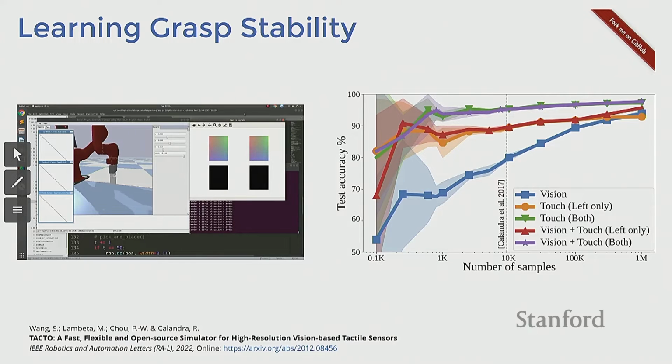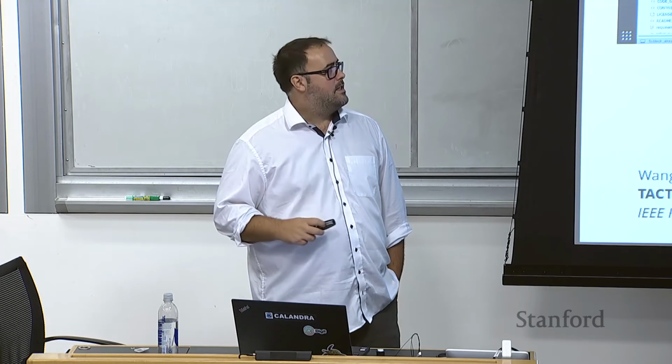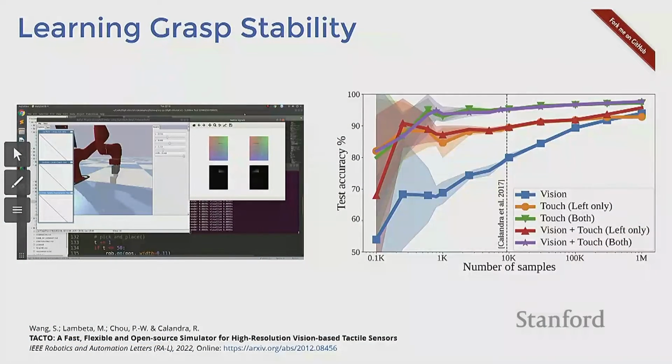And we can now do this in simulation, and more importantly, we can do it at a scale which is unthinkable in hardware, because we can collect millions of grasps of an object in simulation, and this is qualitatively different than being able to collect 5,000, which is the largest dataset that has been collected in the real world. It allows us to test hypotheses and to train models in a qualitatively different way. And this is really just, I believe, the start of having more benchmarks also in simulation.